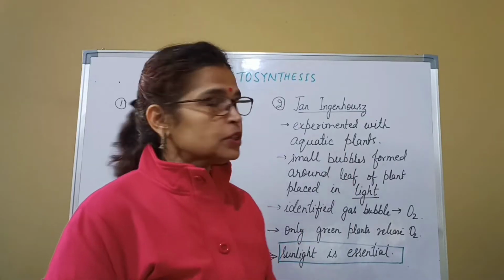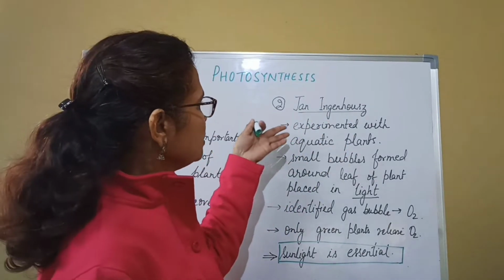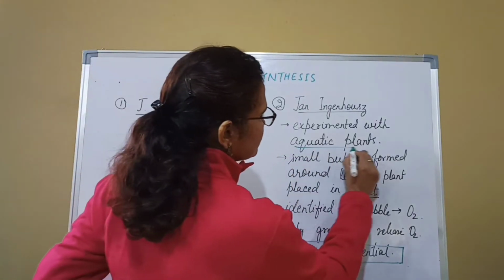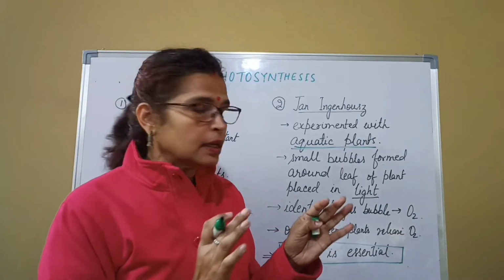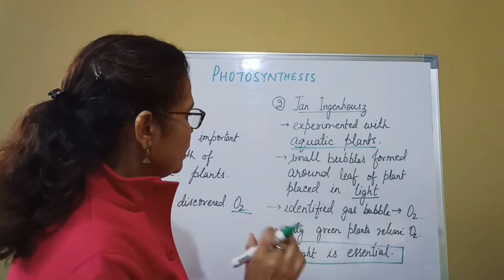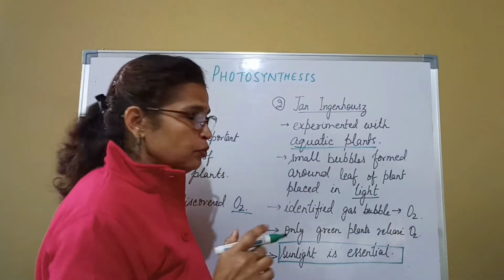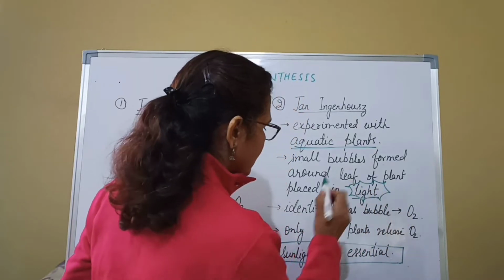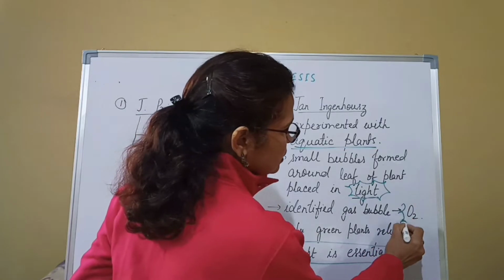Another scientist was Jan Ingenhousz. The same experiment was done by this scientist. He experimented with an aquatic plant. He took this aquatic plant in sunlight and he observed that small bubbles were formed around the leaf when it is placed in light, and identified that gas bubble as oxygen.